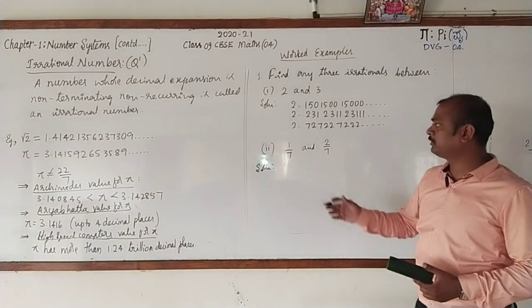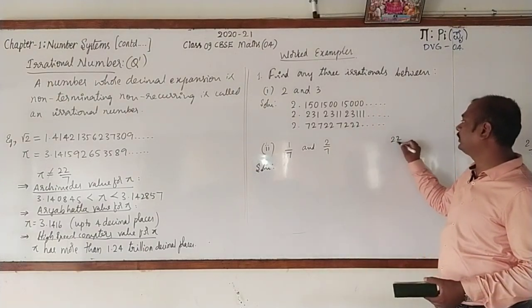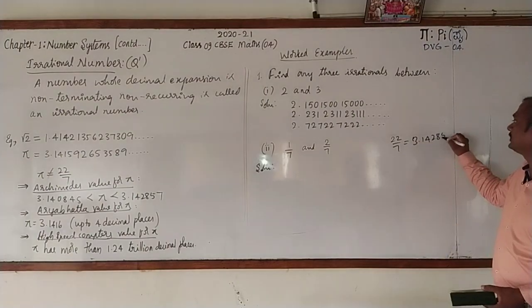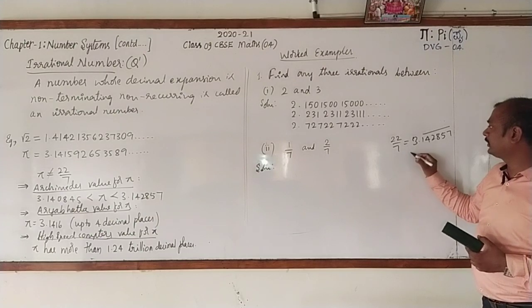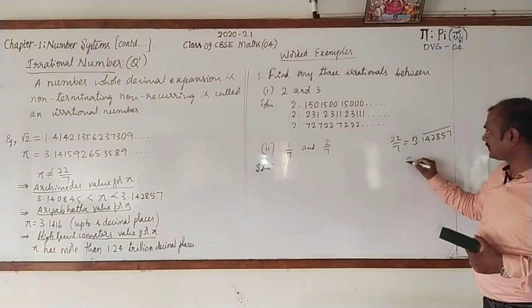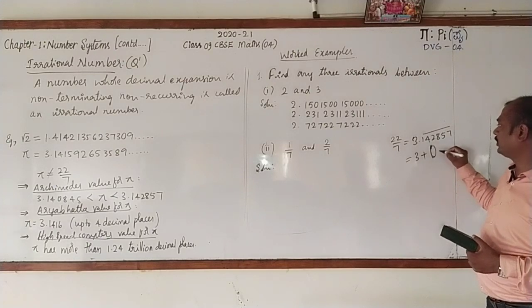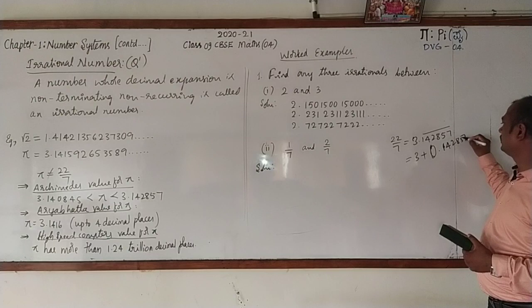We are very familiar with the value of 1 by 7 because we know the value of 22 by 7, it is 3.142857 bar. Is it not? Now, this can be written as 3 plus 0.142857 bar.